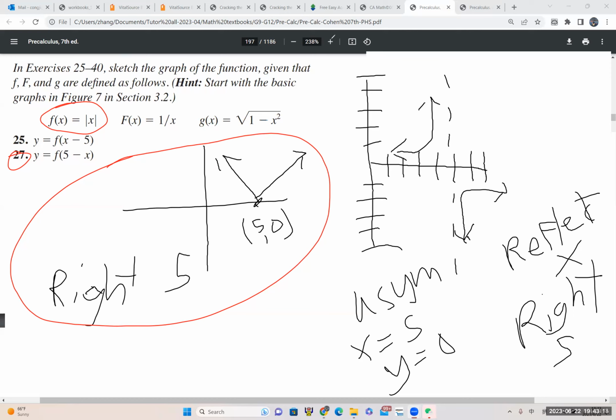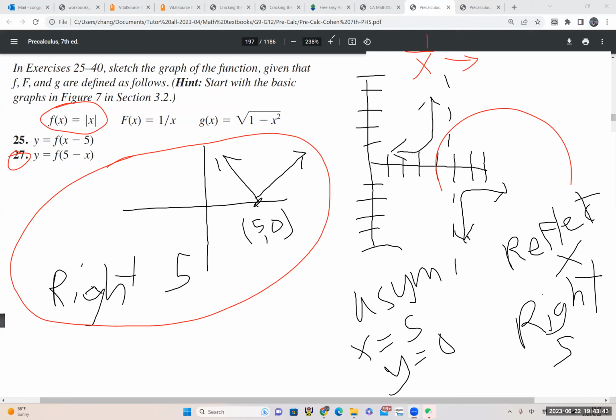Let's think about it. Yeah, then let's talk about this first. Starting from here, 1 over x, right? If you reflect about the x-axis, what can you get for this one? Yeah, for the right one, for here.